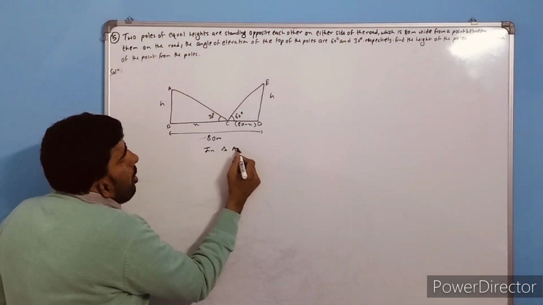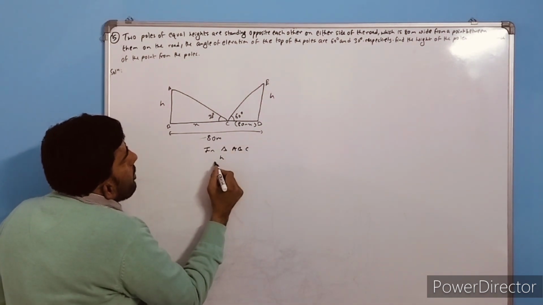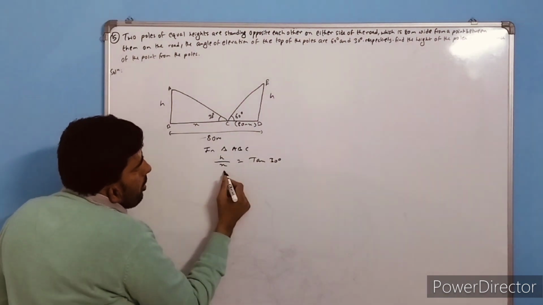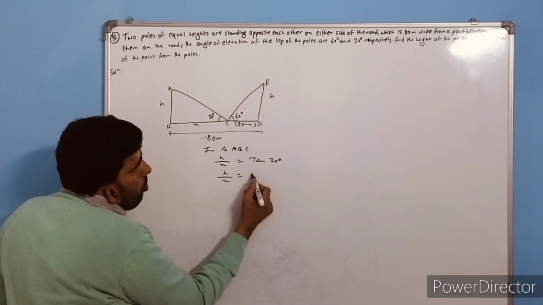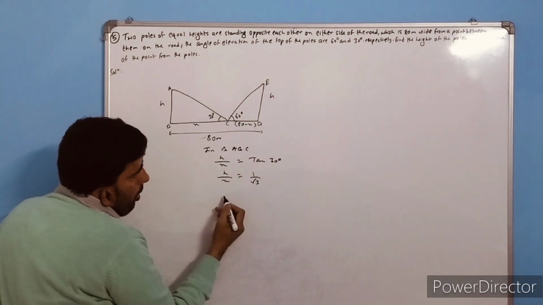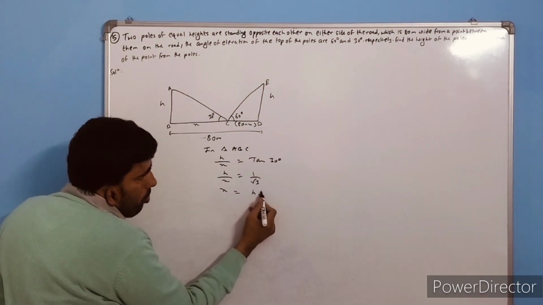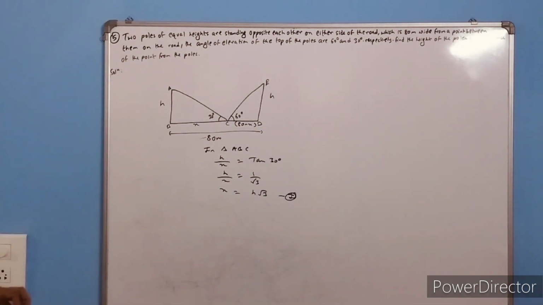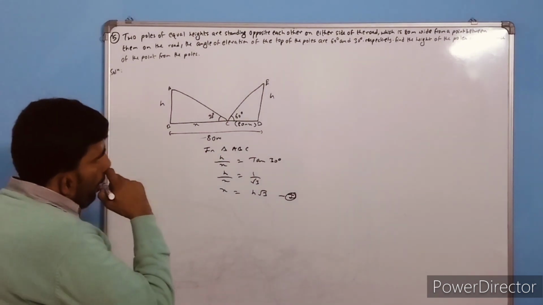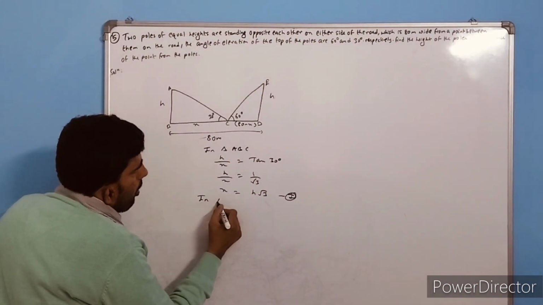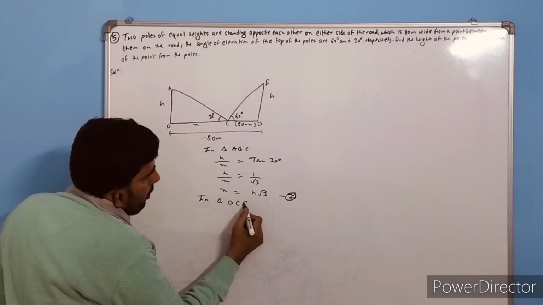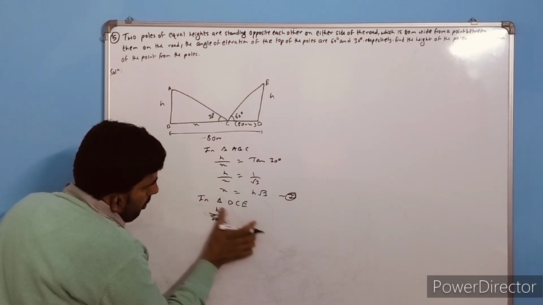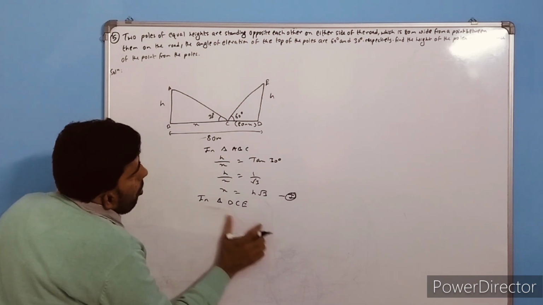In triangle ABC, h upon x is equal to tan 30. So x is equal to h root 3, this is the first equation. Now in triangle DCE, h upon 80 minus x, I will take perpendicular upon base.